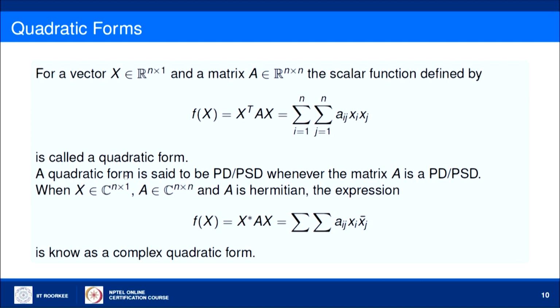Further, a quadratic form is said to be positive definite or positive semi-definite whenever the matrix A is positive definite or positive semi-definite. This is the real quadratic form.